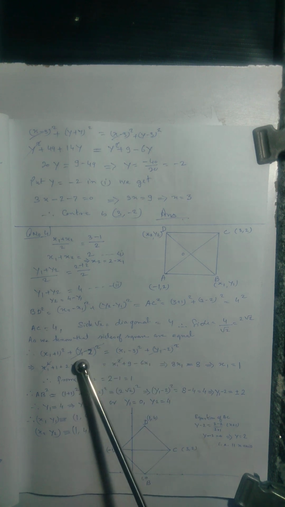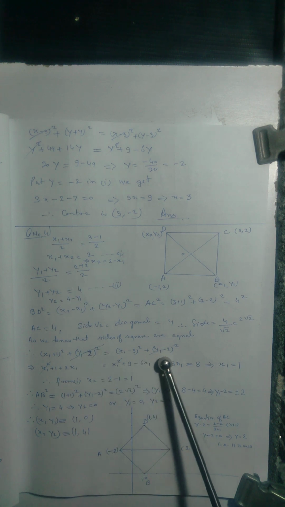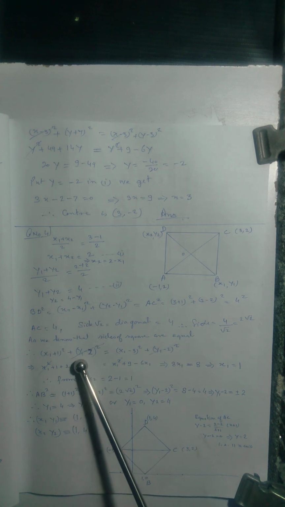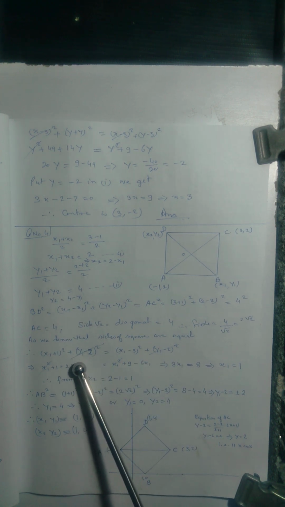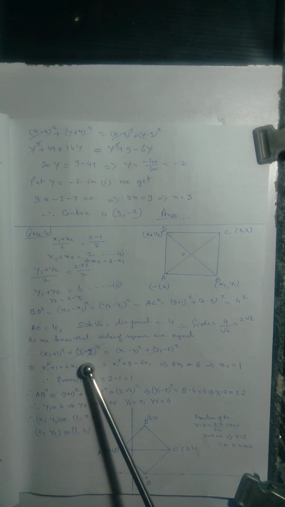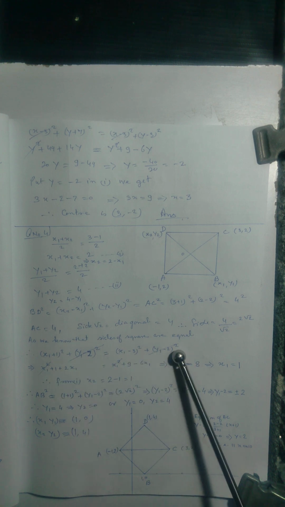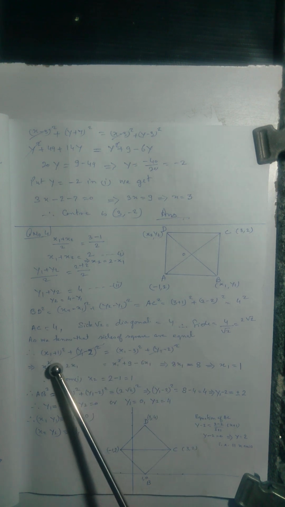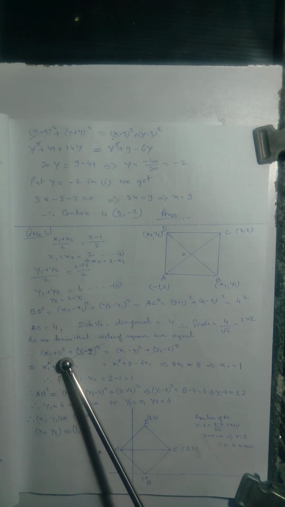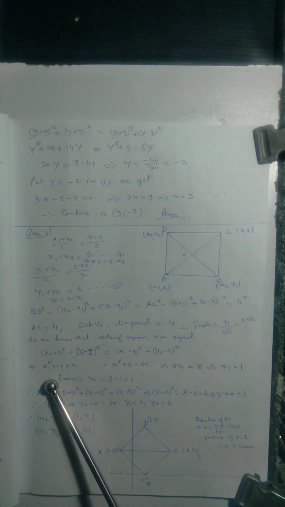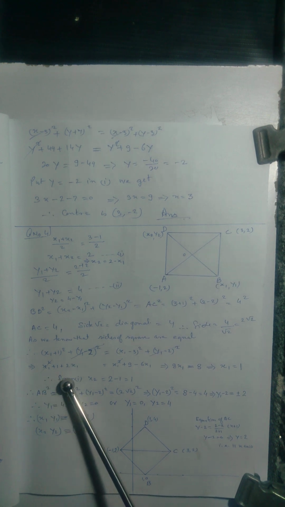You see, the y1 minus 2 and y1 minus 2 are equal, one on the left hand side and the other on the right hand side, and these two will be cancelled.